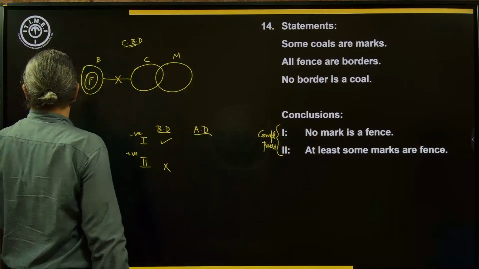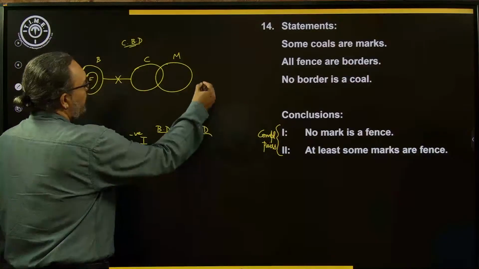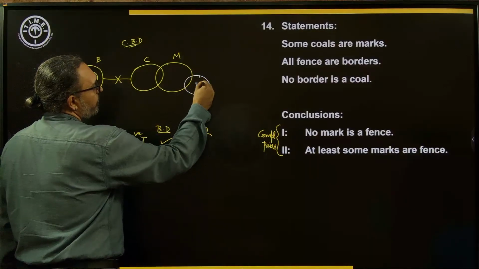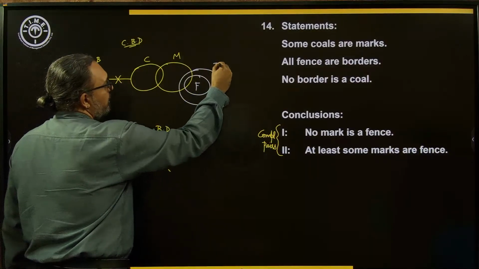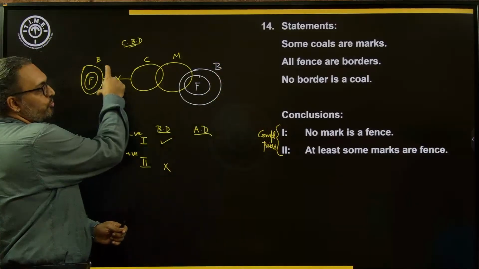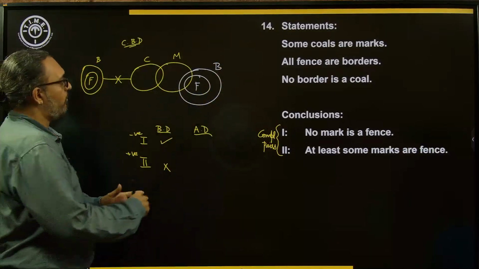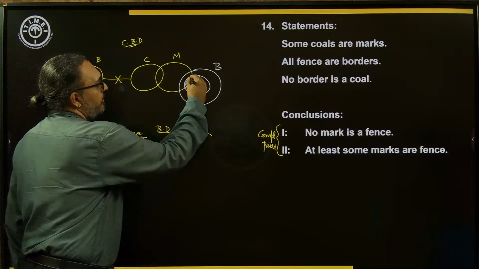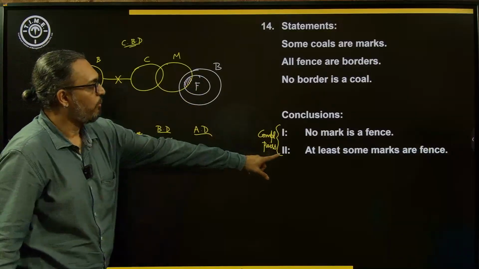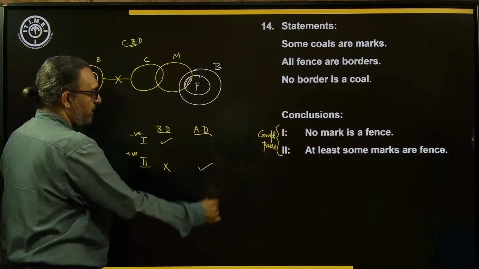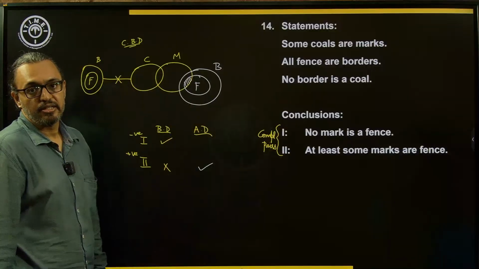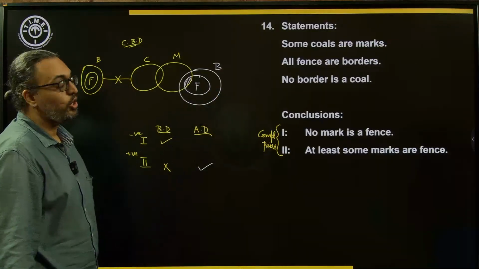Now, can I have some marks are fence? Like this. So what I'm doing is I'm simply moving these two here. So my aim is to satisfy the complementary. Now, is this satisfying? Yes. Some marks are fences satisfying. But my original relation should not be changed.